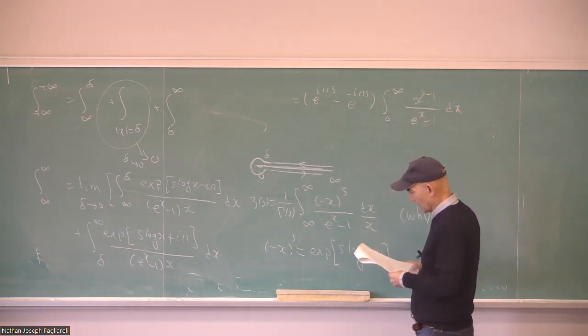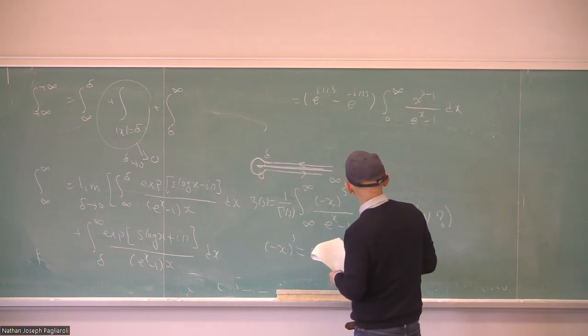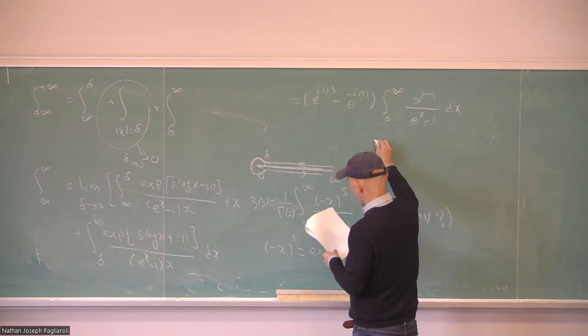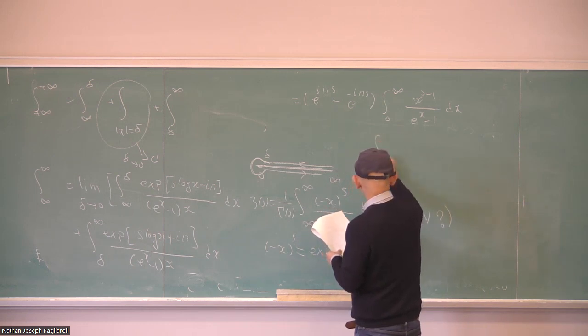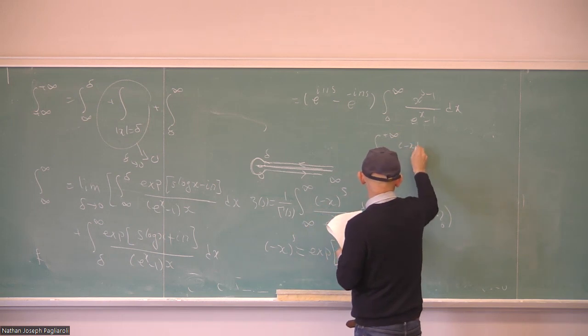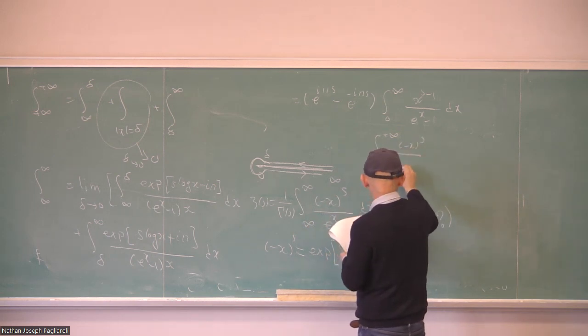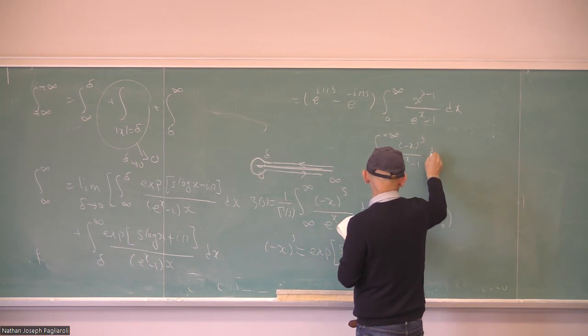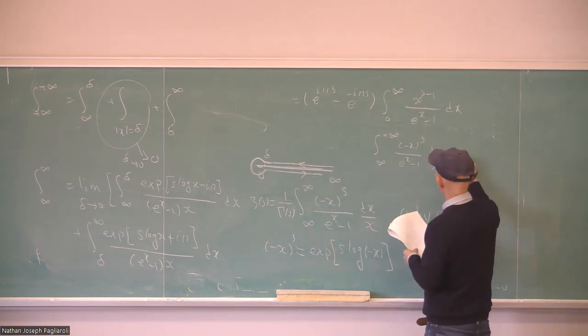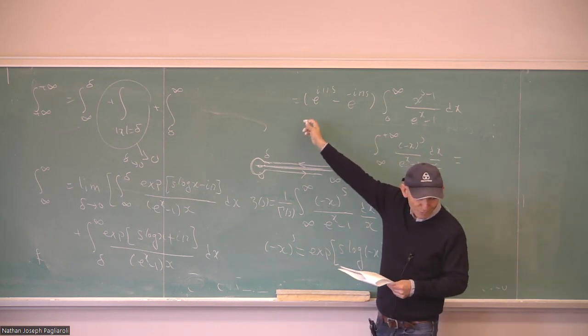Yeah, in particular, what it shows now is that the integral from infinity to plus infinity of minus x to the power s over e to the x minus 1, dx over x, is equal to, well, this quantity we can compute.